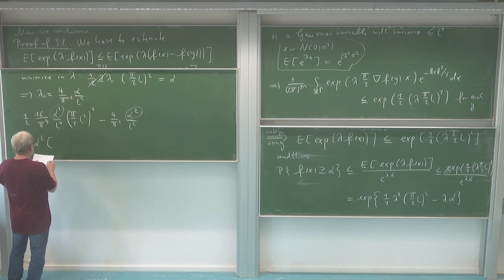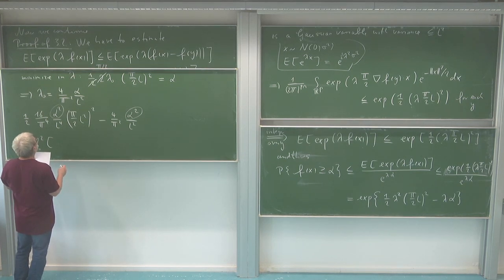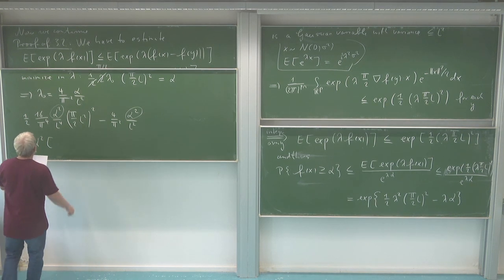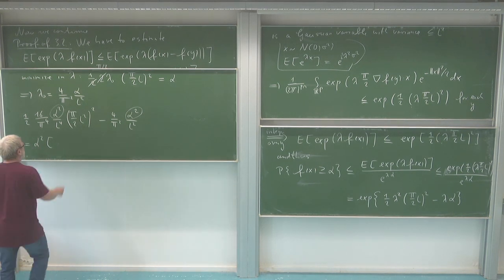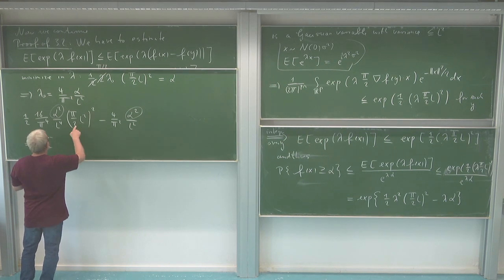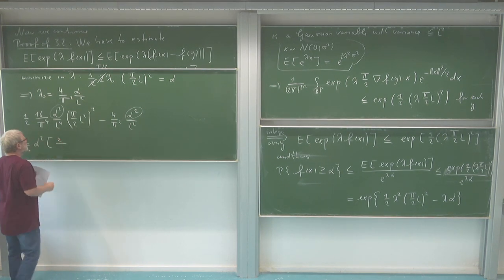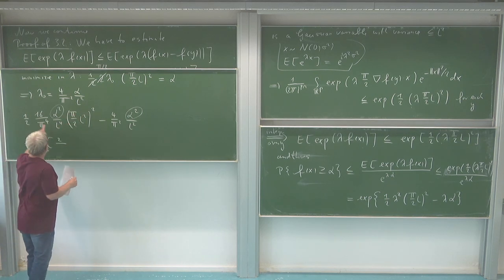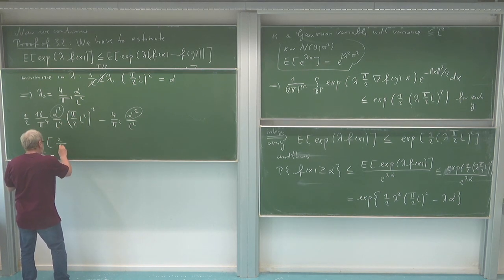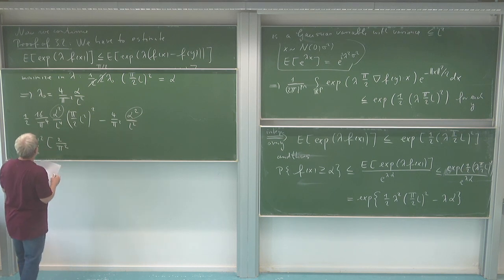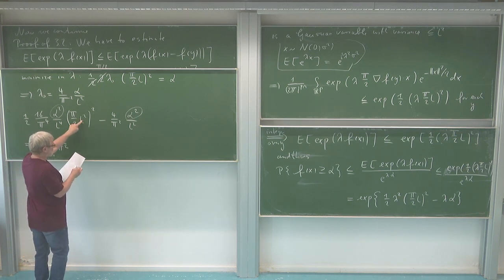And what remains is the 16, 1/2. I have here 2 to the 2, this is 4, this is 8 from the 16, there remains a 2. Pi's, I have here pi squared, I have here pi over 4, so I have a pi squared, and I have here an L squared.